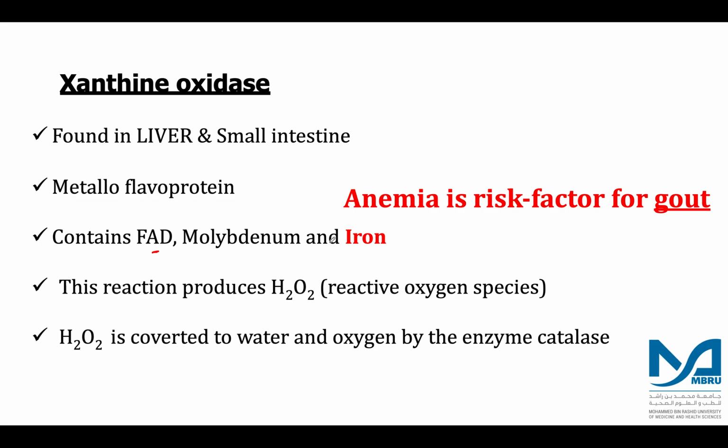Also, the reaction catalyzed by xanthine oxidase produces reactive oxygen species in the form of hydrogen peroxide, and this hydrogen peroxide is converted to water and oxygen by the enzyme catalase, because superoxide radicals have to be neutralized in the physiological environment.